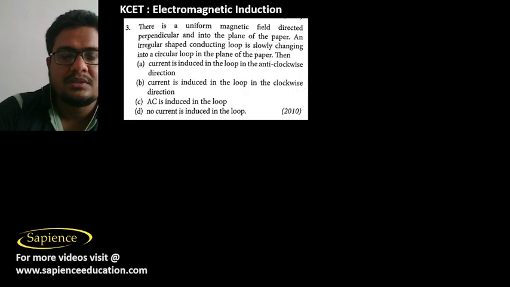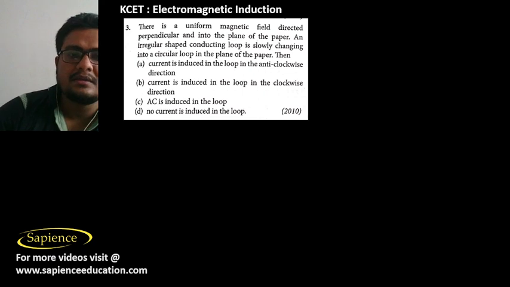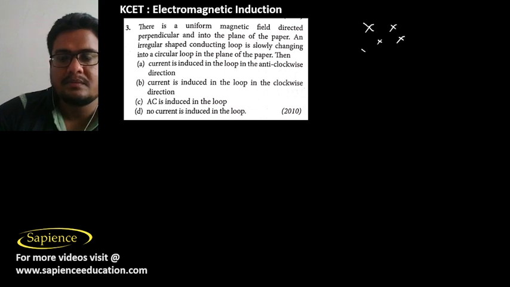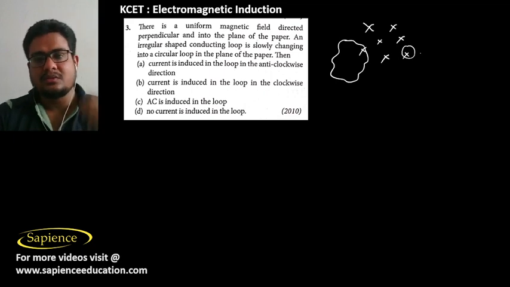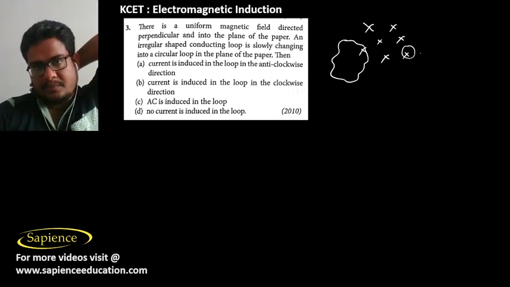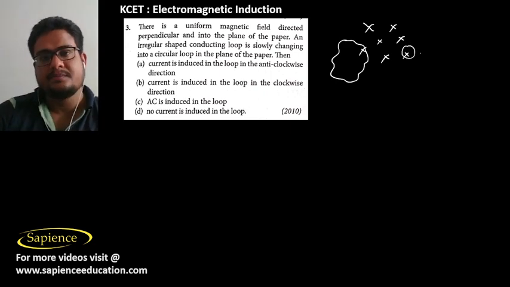Then in question number 3, there is a uniform magnetic field directed perpendicular and into the plane of the paper. An irregular shaped conducting loop is slowly changing into a circular loop in the plane of the paper.